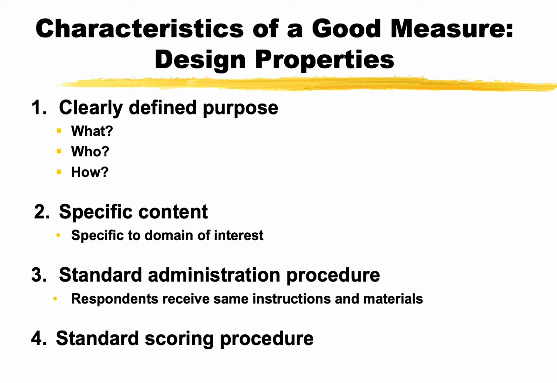This procedure must be applied the same way to all individuals who take the test. Objective tests, such as multiple choice tests, are relatively easy to score in a standardized and consistent way. It is more difficult to ensure consistency in the scoring of structured or semi-structured interviews, which we will talk about later.